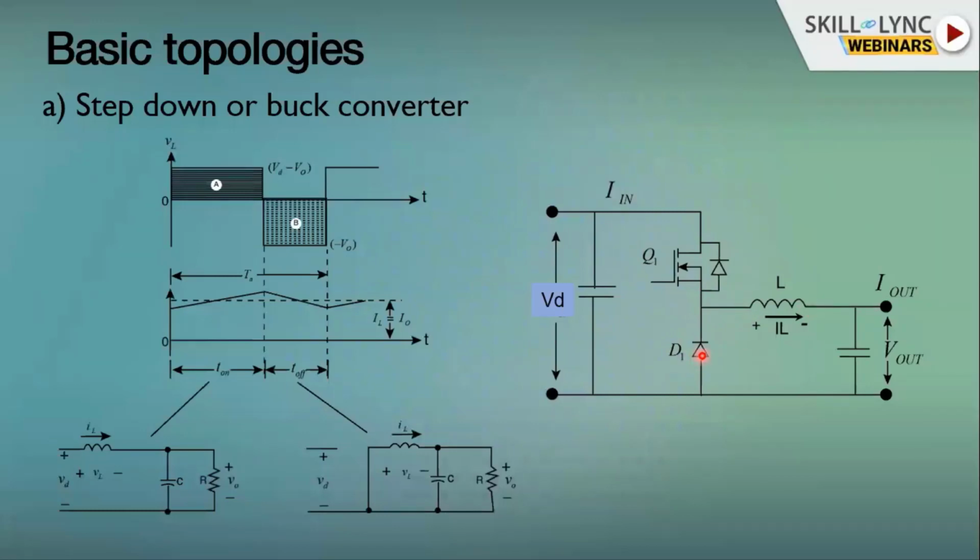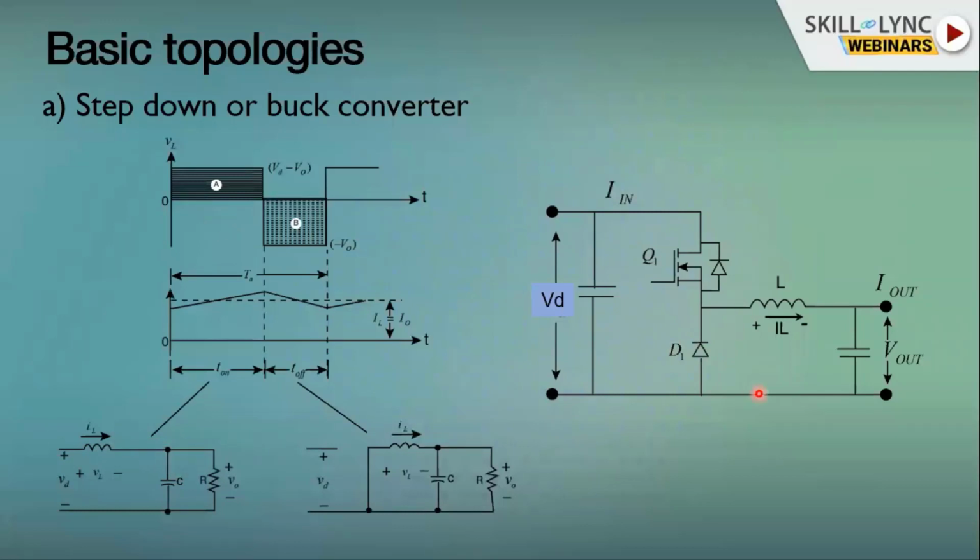This diode, because it is a freewheeling diode connected at this node, will be isolated and no current will flow in this direction. So it will not be in the picture when the switch is on. So the circuit will be like this.